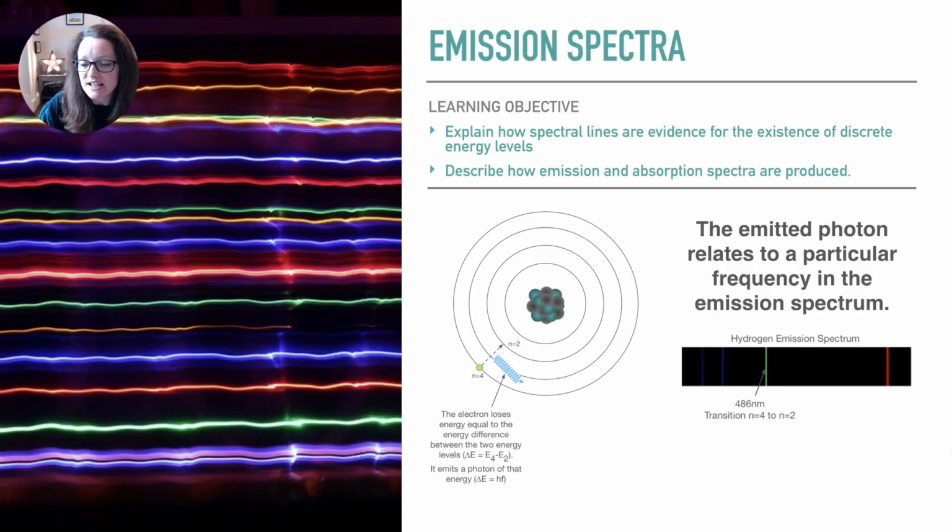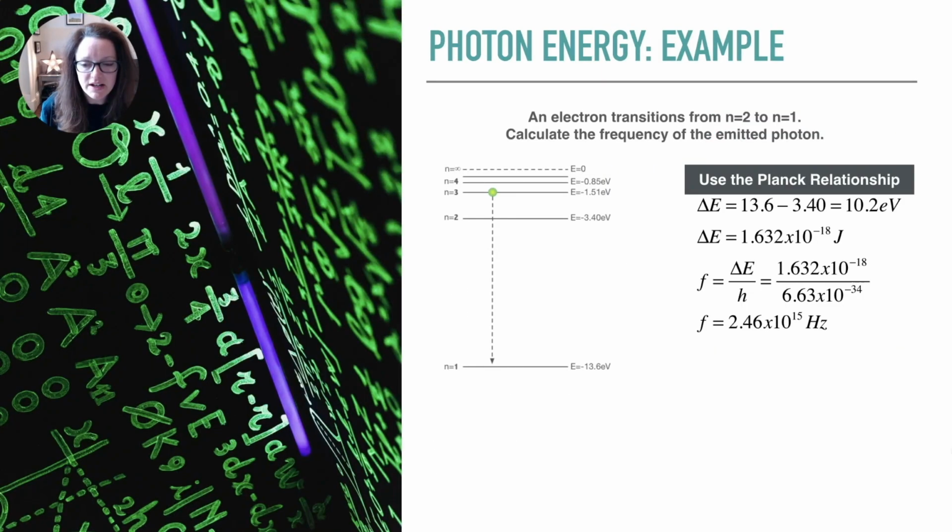And in which case, that would be either the red or the green or whatever. So you see one very thin line of light because it relates to that one frequency. And once you've got the frequency, you can use v equals f lambda to find out a wavelength. So you can find the frequency or the wavelength just by looking at the energy change of these energy states.